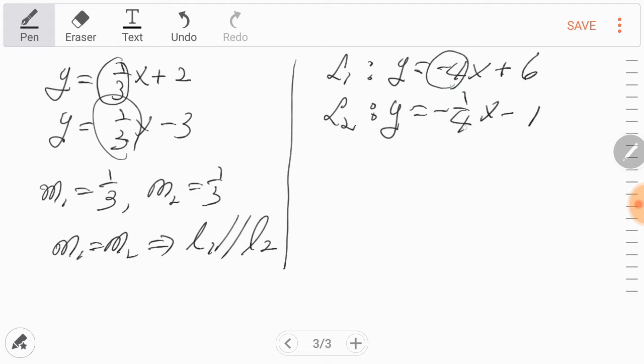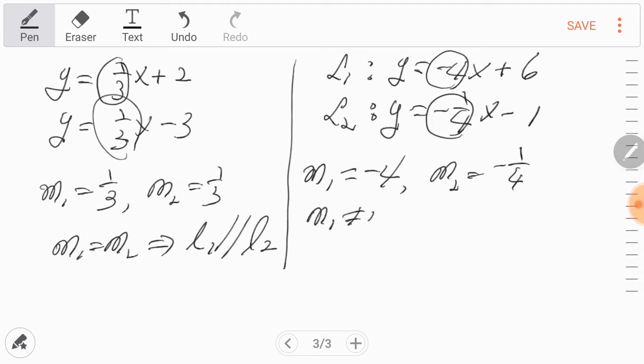Let's compare the slopes. The slope of the first line is negative 4. The slope of the second line is negative 1/4. These two are different, so line 1 and line 2 are not parallel. How about the product of these two?